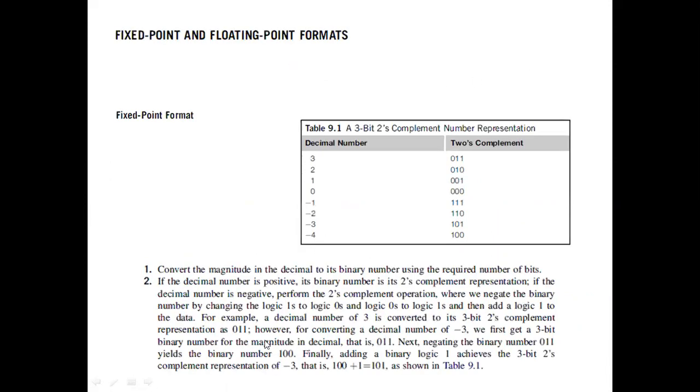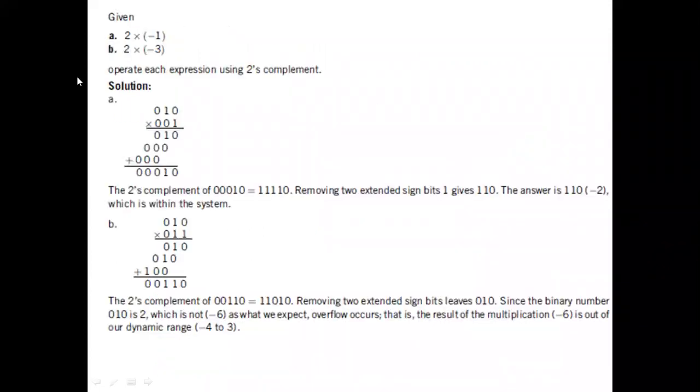We can have numbers from minus 4 to plus 3. So 2 into minus 1 is going to be minus 2. That's cool. But 2 into minus 3 is going to give you minus 6, which is out of the range. And that's when we get an overflow.